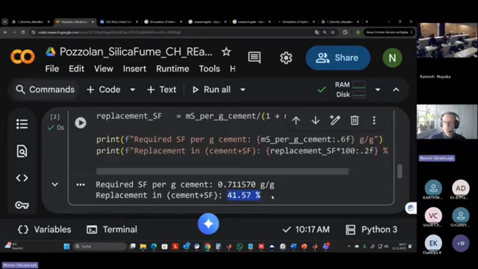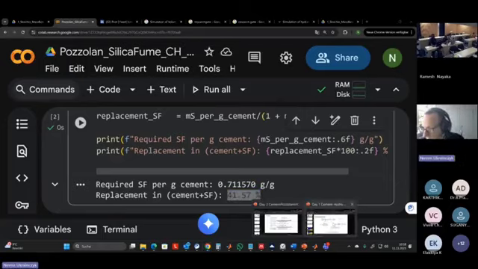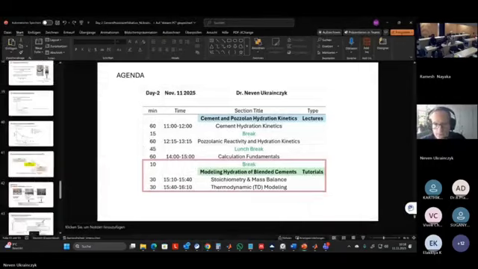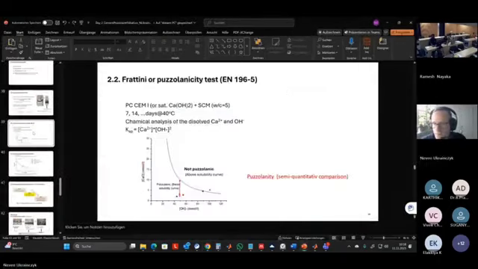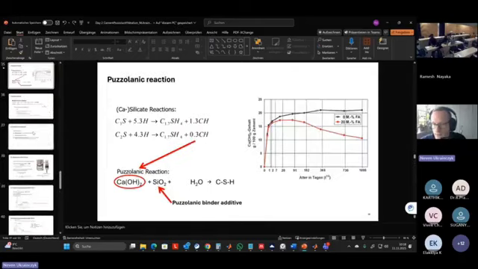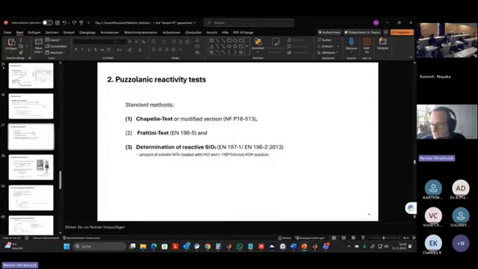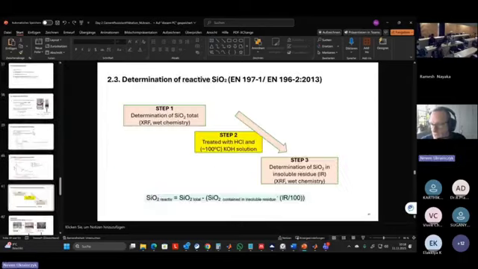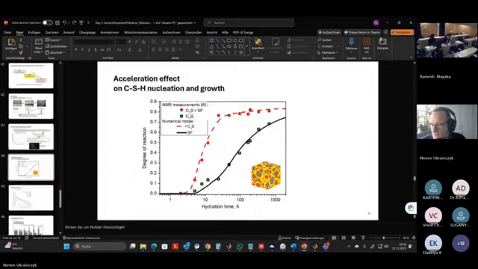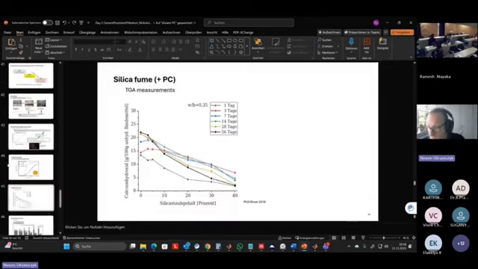And if you remember our task, if you remember our slides, our experimental results from the slides, if we go here, so this is now a direct link to your experiments with TGA. If we go here, where was silica fume? Yeah, here.